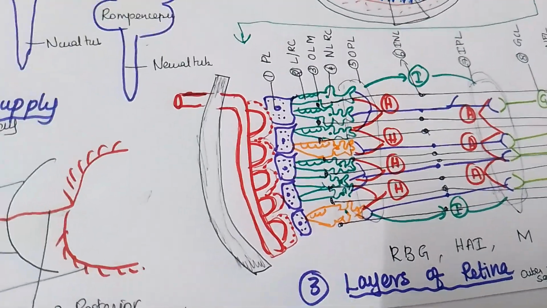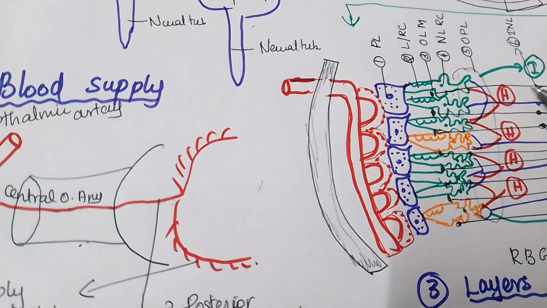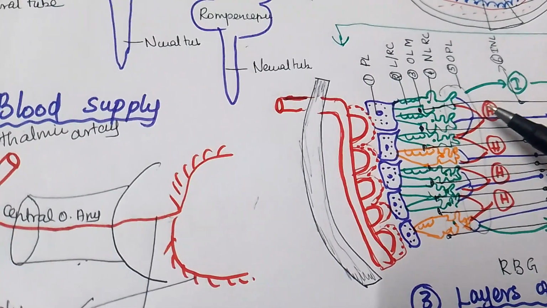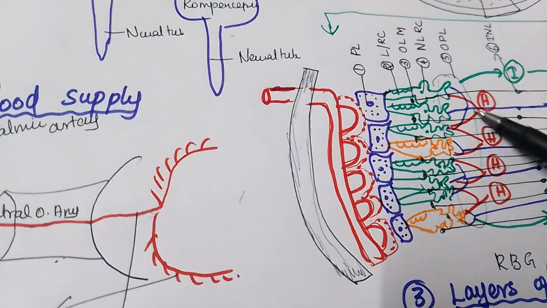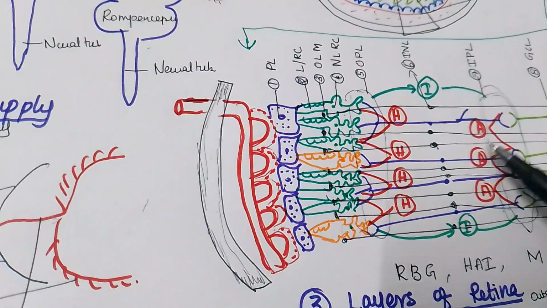Then next will be horizontal cells. These horizontal cells are interconnecting, and reversely it is connected by the amacrine cells.